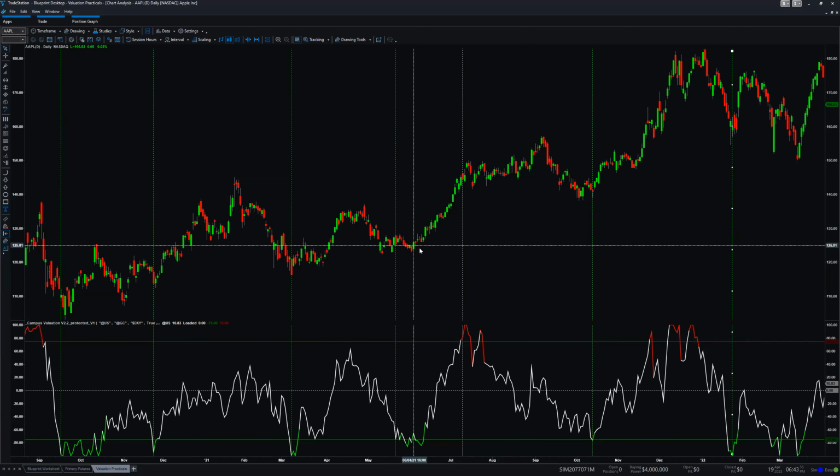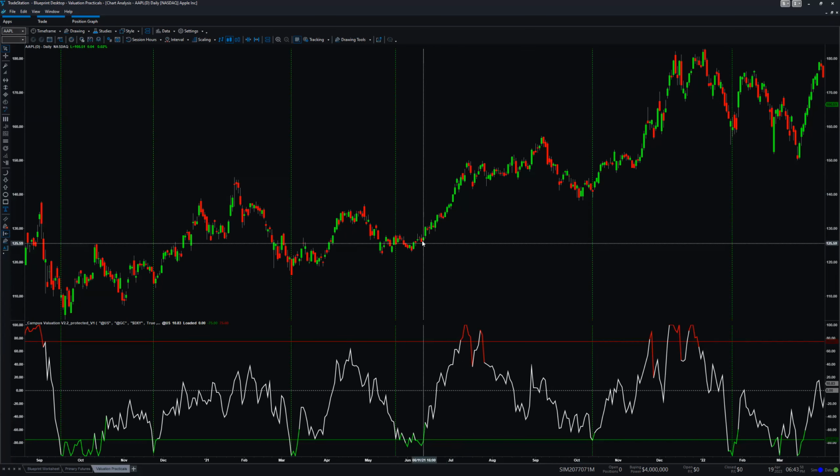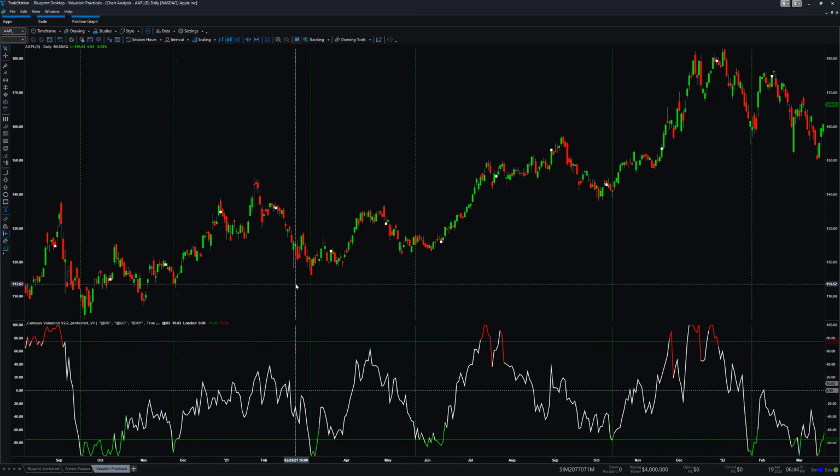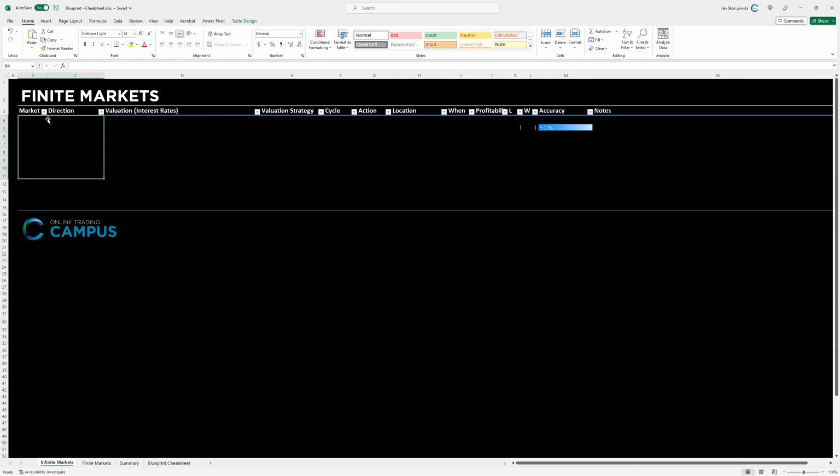So now, within the uptrend, we have 1, 2, 3, 4, 5, 6 examples. As we're looking at Apple and an uptrend, we're looking at undervalued, a trend following strategy, and 30-day cycles.